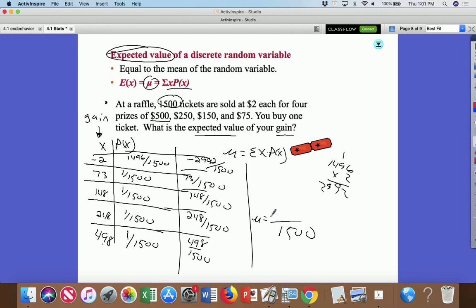So if you add these all up, I didn't write it down. If I add up all the positive numerators and then subtract it from the negative 2992, I'm going to calculate that real quick.